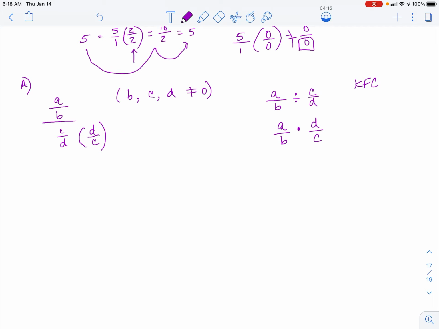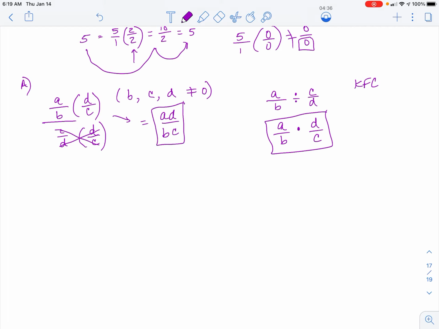I've turned it into 1. Those would actually cancel out. I like to just put a big fat X through it. And then we multiply the AB times that reciprocal. That's exactly what happened over here with the KFC method. So let me just finish this out over here. So then my final answer here would be AD over BC. Okay, that's how we solve complex fractions.